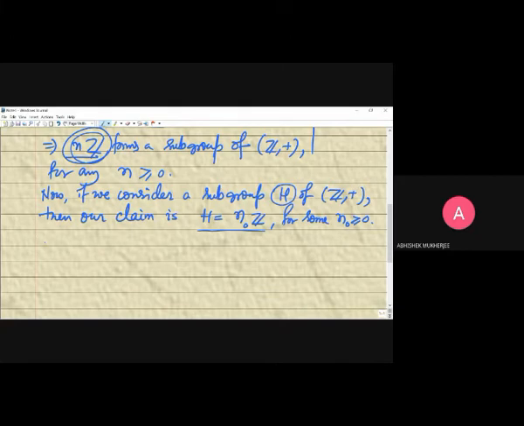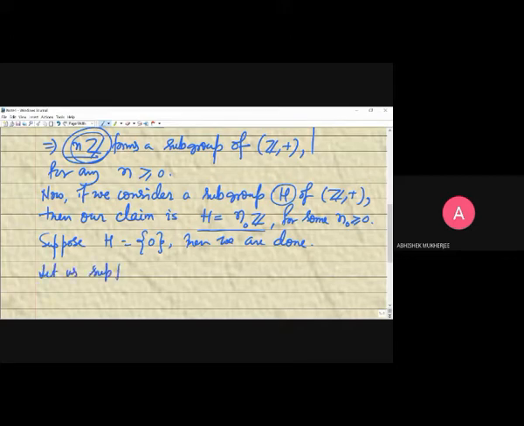So suppose H is singleton 0, then we are done. We do not need to go further because it contains only the 0. So it is a subgroup and it is of the form 0Z, because every integer which is a multiple of 0 is 0.